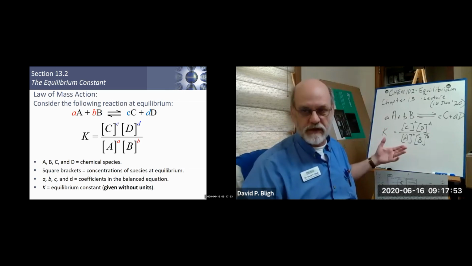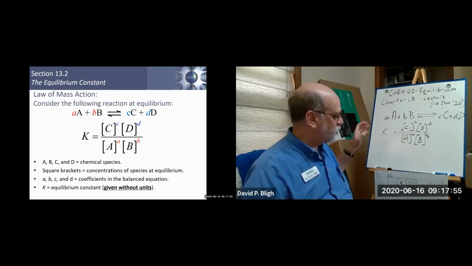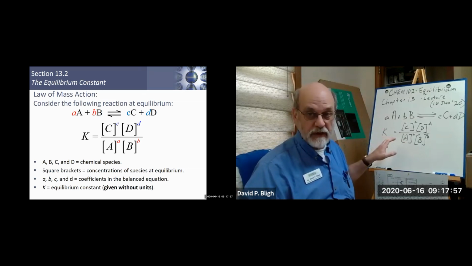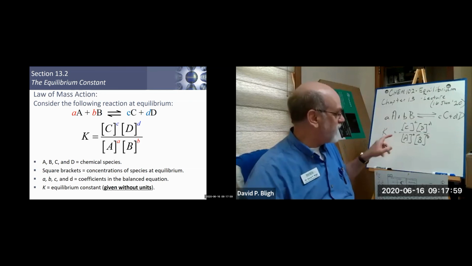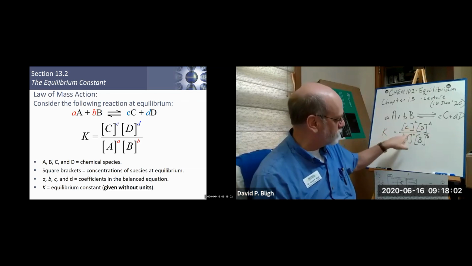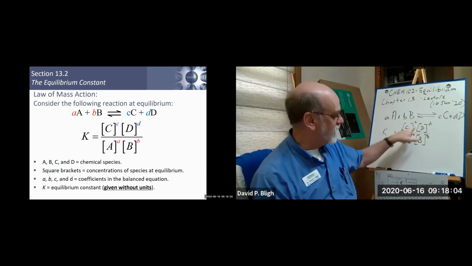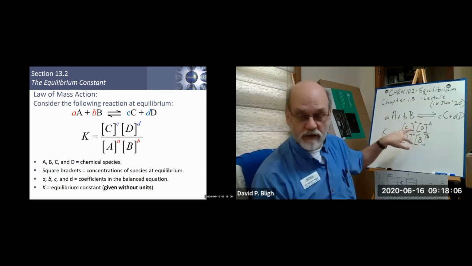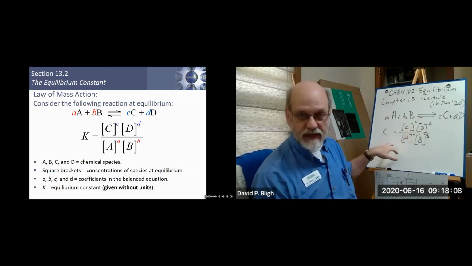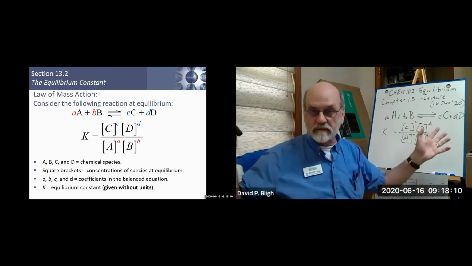They would confuse the issue if we had to put units in for every expression. And you can see that if you put units in for each of these concentrations, and then you raise them to different powers, the units for K could be anything. Sky's the limit.